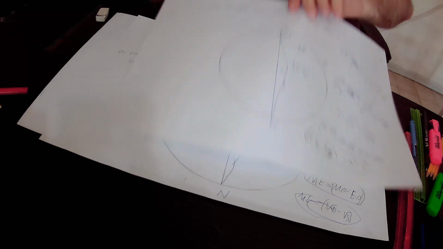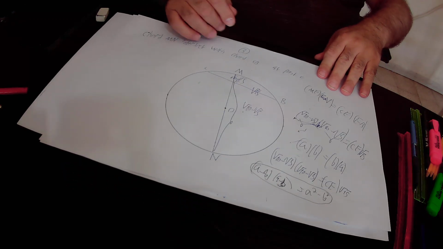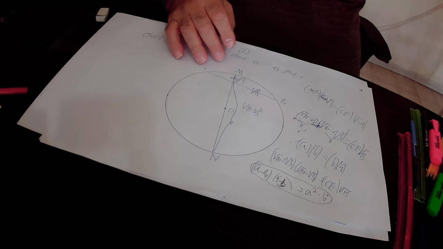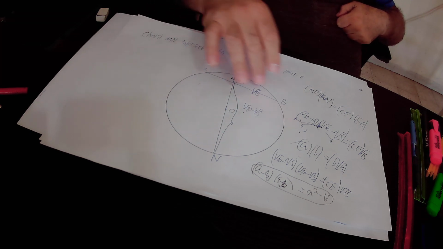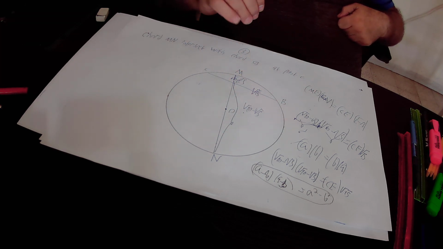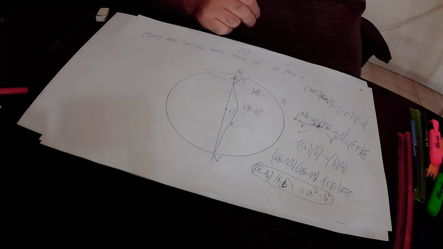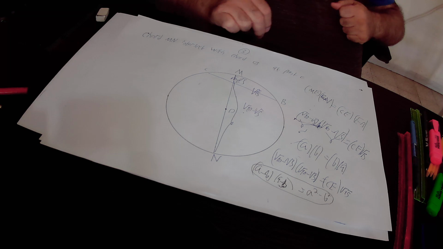So copy the circle and the two chords that intersect with each other. Again, chord MN intersects with chord CB at point E. Therefore, we can implement rule number 2 here.